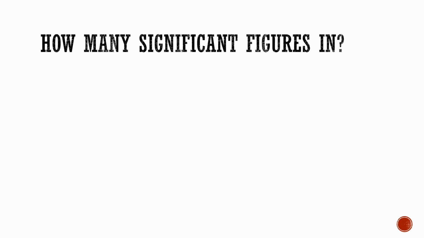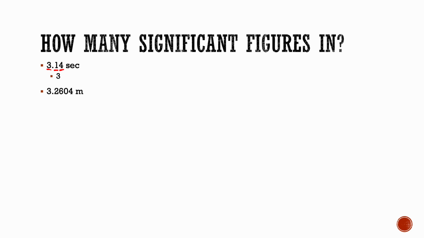So we want to do some practice questions. How many significant figures in 3.14 seconds? In this case, we don't have any zeros, so we can just count our terms. We have the 3, the 1, and the 4. So we have 3 significant figures. Next one, we have 3.2604 meters.